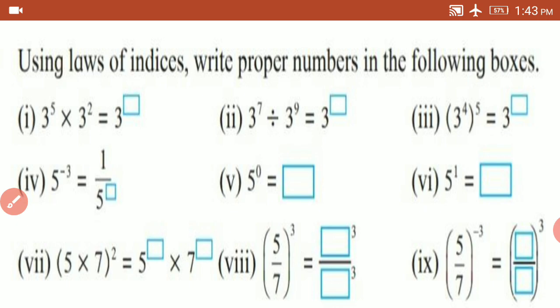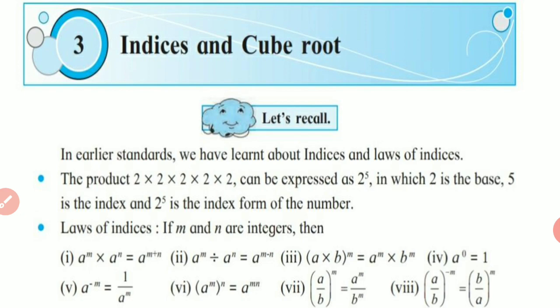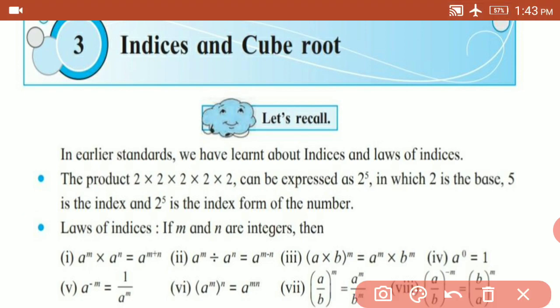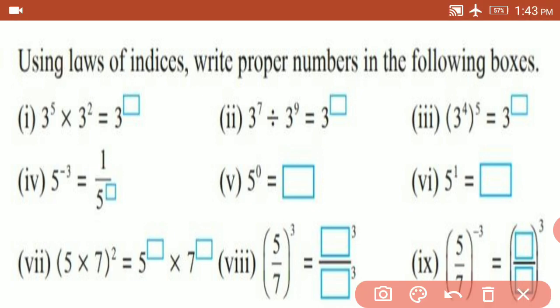Then 7th one, (5 into 7) raised to 2 is equal to 5 raised to how much and into 7 raised to how much? In this example, the third law is applicable. (a into b) raised to m is equal to a raised to m into b raised to m. That is here 5 raised to 2 and 7 raised to 2.